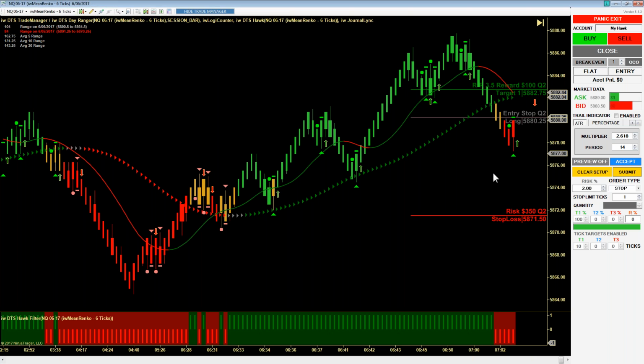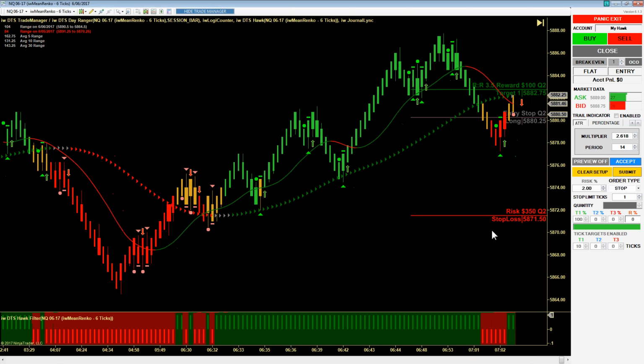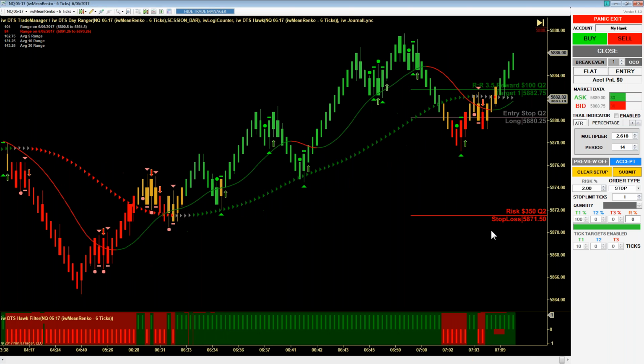And the logistics of this trade are very nice as well. You can see we've got a lot of room here to try to retest the extreme, and our profit target is only looking to take a very small portion out of that. So not too much difficulty getting that trade to work out.